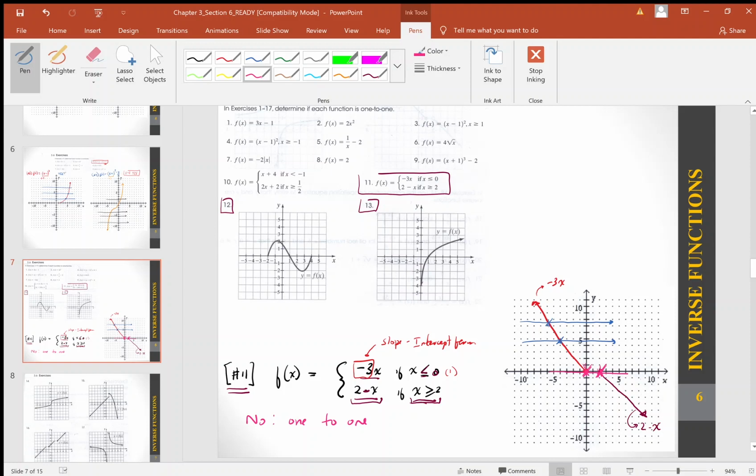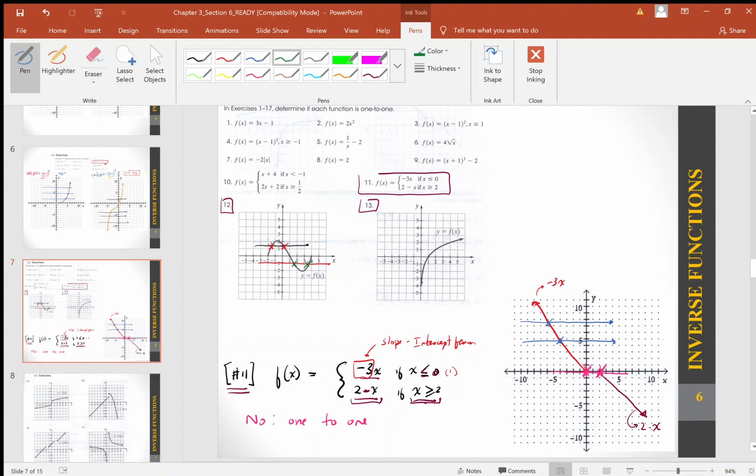Let's do number 12. You can look at number 12 and you can see that if I draw a horizontal line, it crosses 2 points along this graph here. If I draw another horizontal line, it crosses this point and this point.